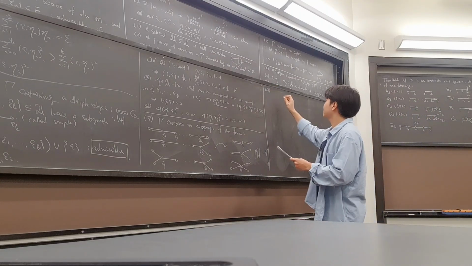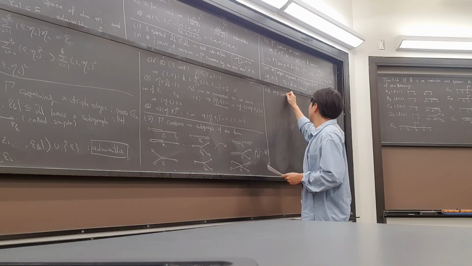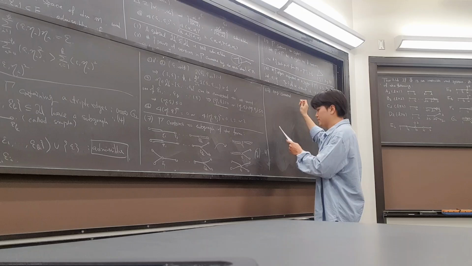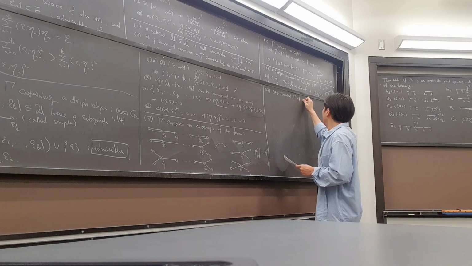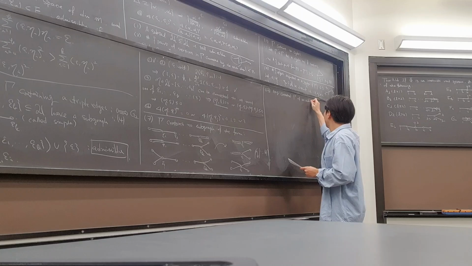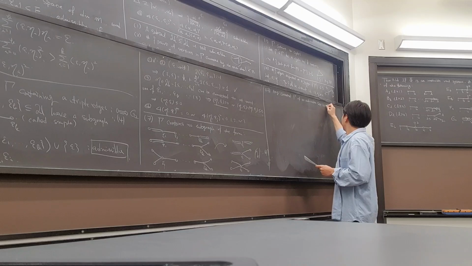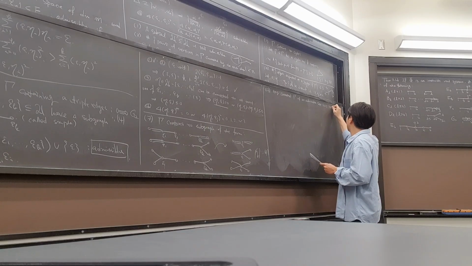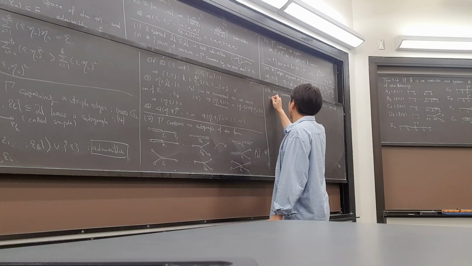So the claim is that any connected gamma of an admissible set is one of the following forms.